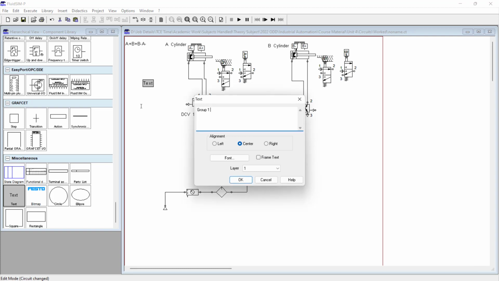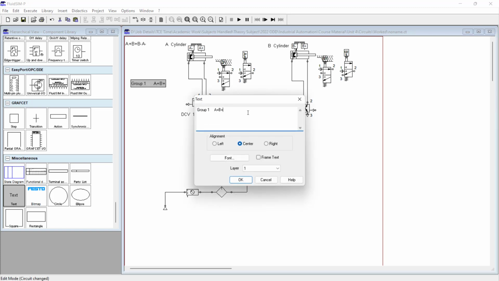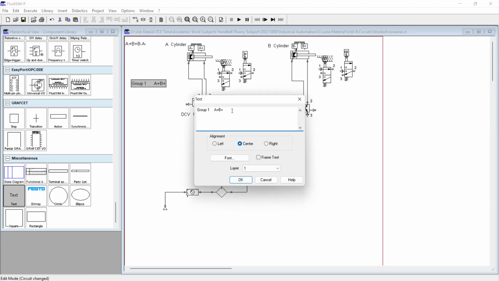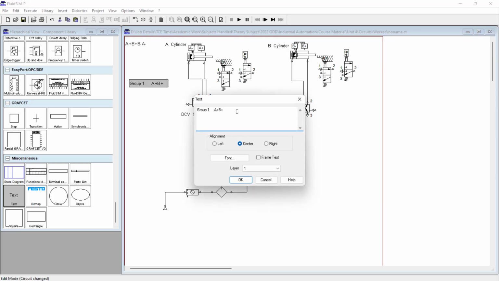Group 1 sequence will be A plus, B plus.